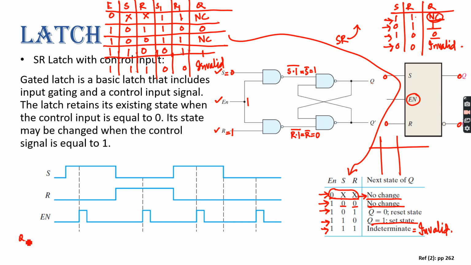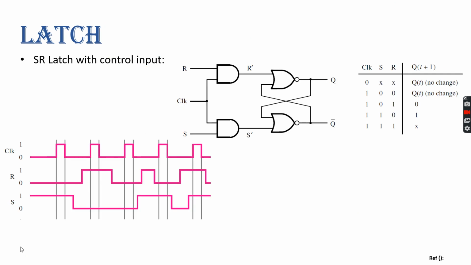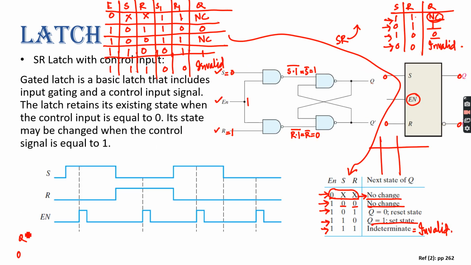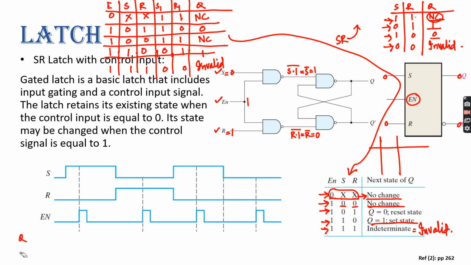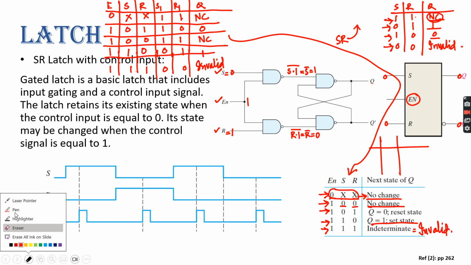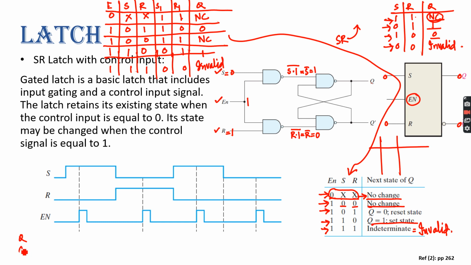So now if my Q is there and Q bar is here, we are considering Q to be 0 and Q bar to be 1 up to this point.